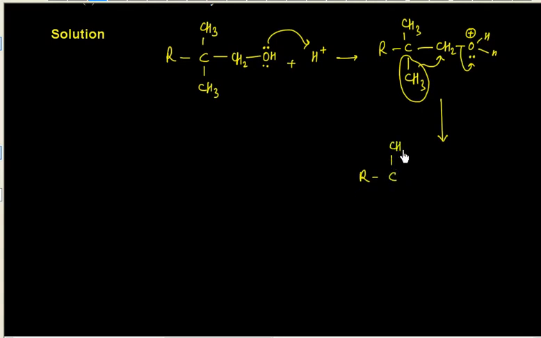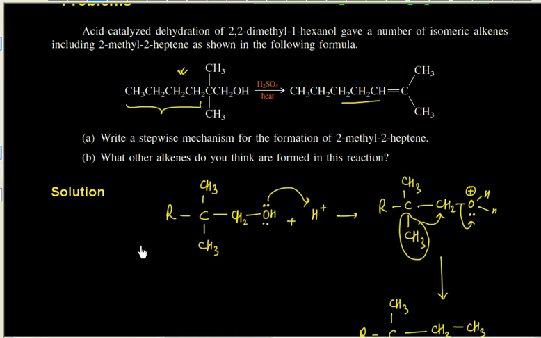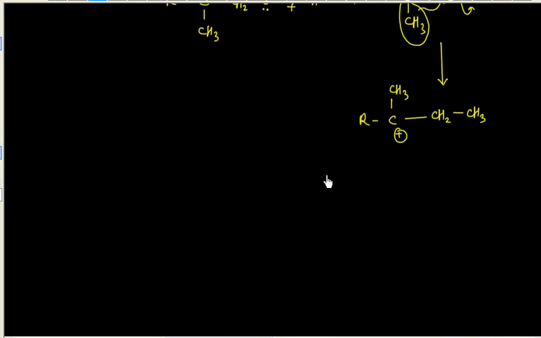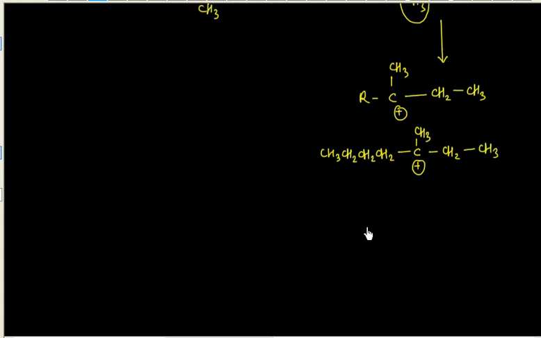So you have R, CH3, and there you have CH2CH3, and there is a positive charge, and now I can write what R is. R contains 4 carbons, so R is basically CH3 CH2 CH2 CH2, and this is 4 carbon, and then CH3, plus charge, and then CH2 CH3. Now two alkenes are possible.